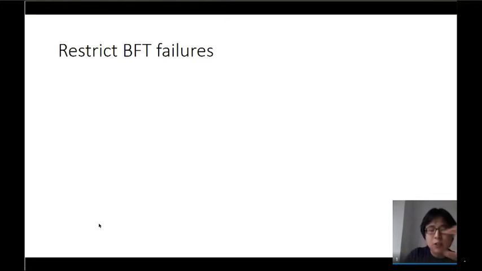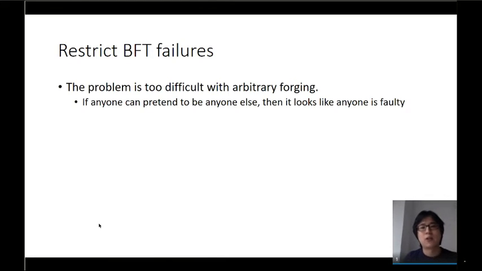If a server can send arbitrary messages, it is very difficult to tolerate all kinds of Byzantine failures. For example, if I am a correct node in the system, but anyone else can pretend to be anyone else, meaning they can send me a message saying this is a message from another node, then I really cannot tell whether this is true or not.